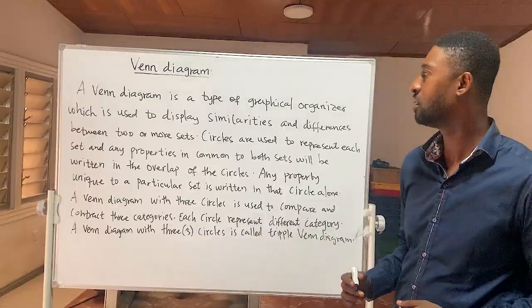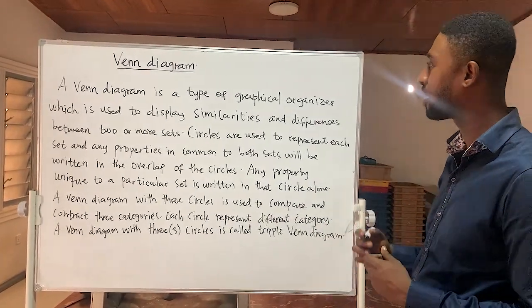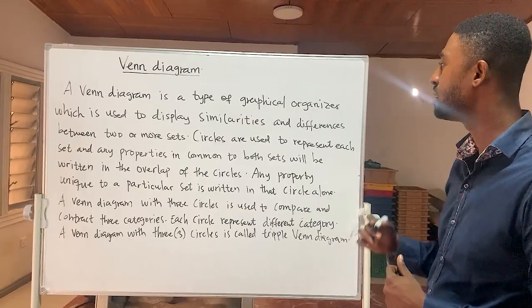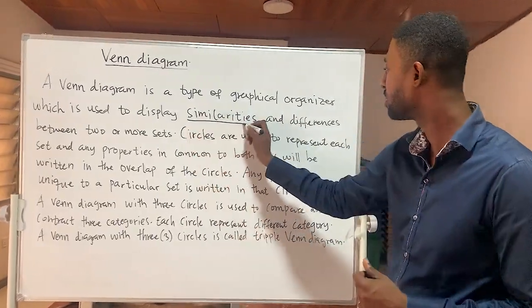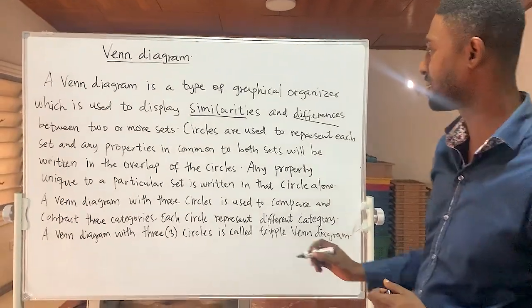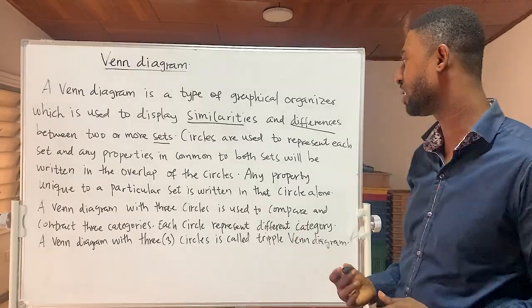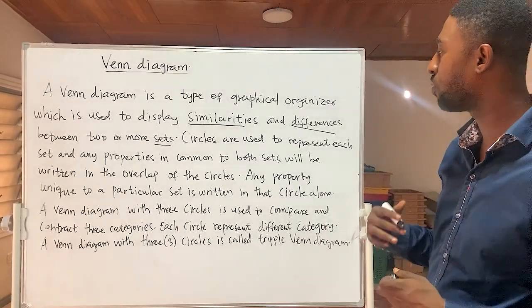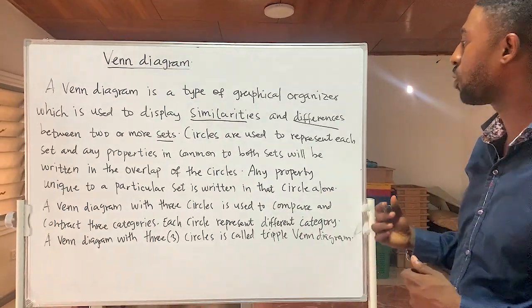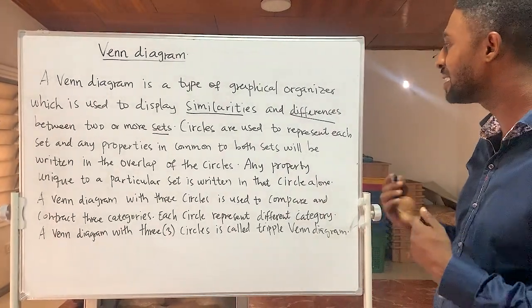Okay, so a Venn diagram is a type of graphical organizer which is used to display similarities and differences between two or more sets. So when we talk of a set, it is a collection of data. Now, when we talk of a Venn diagram, we have what we call circles. And the circles are used to represent each set.